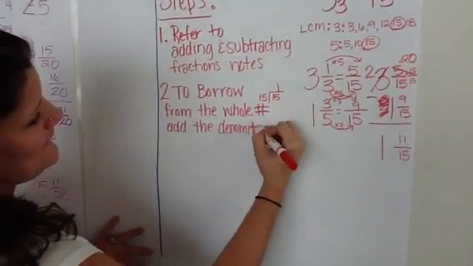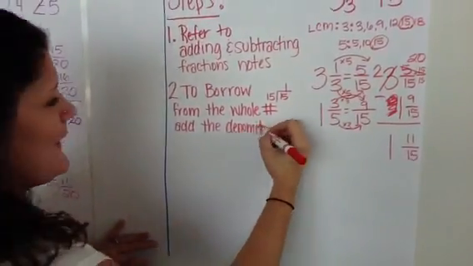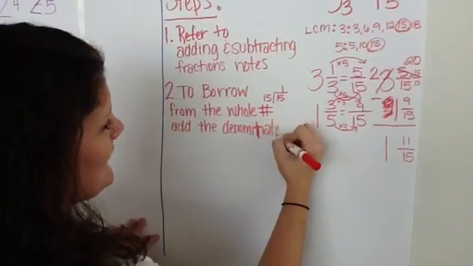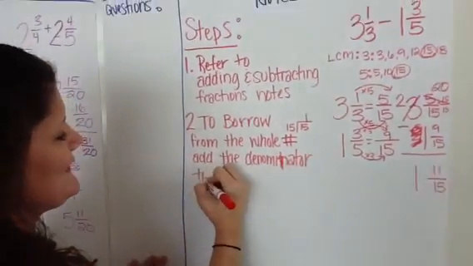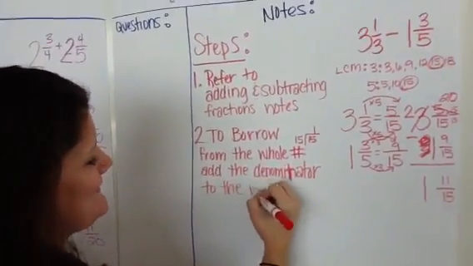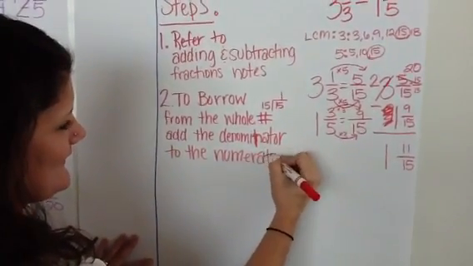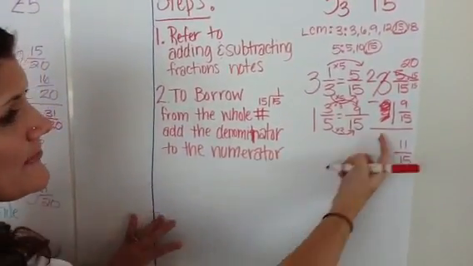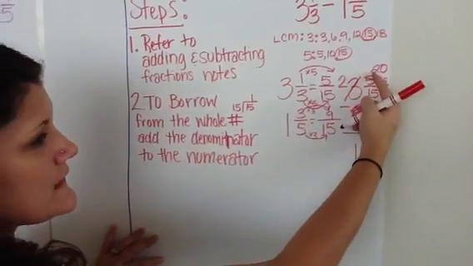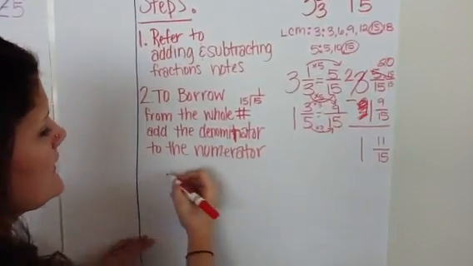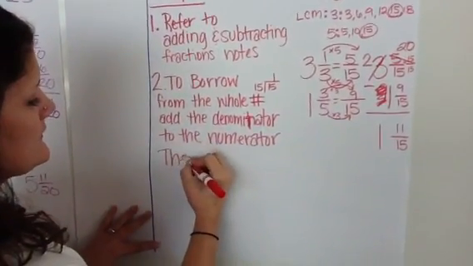Denominator. I can't spell it either. That's why we teach math and not spelling. The numerator. That's the shortcut: add 15 plus 5 is 20, and then subtract.